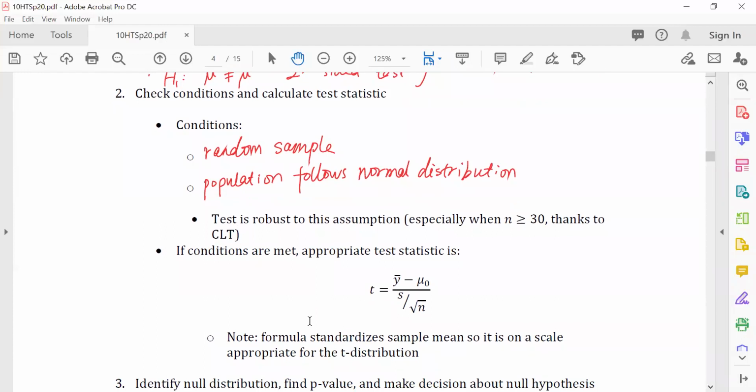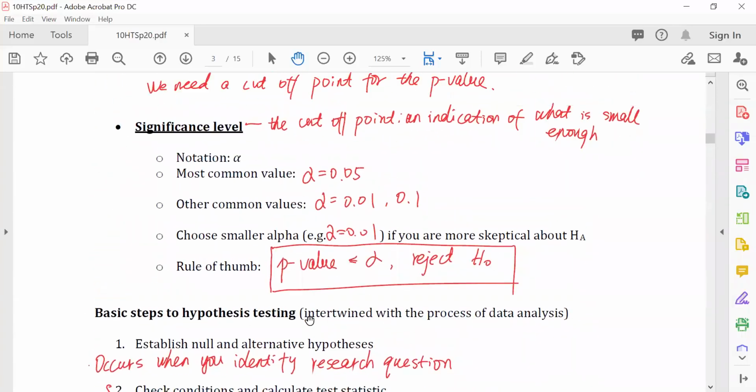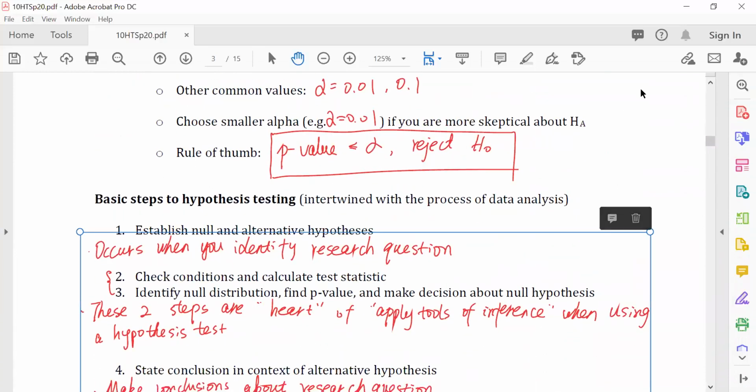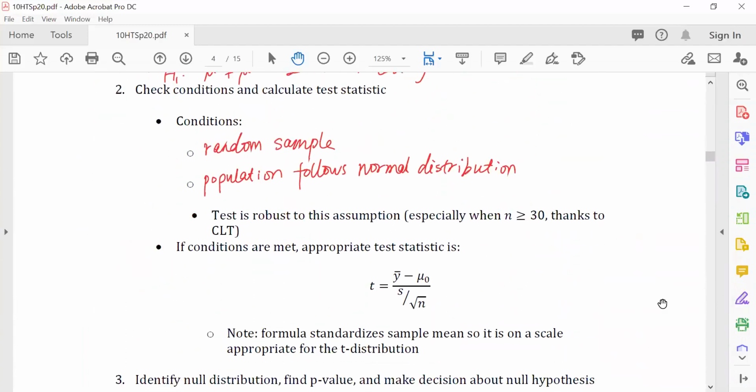So if you satisfy those 2 conditions, then you can calculate your test statistic like this. Remember, we introduced that the general form of a test statistic is the statistic minus the null value divided by the null standard error. So that is the statistic y bar minus mu null divided by s over square root of n.